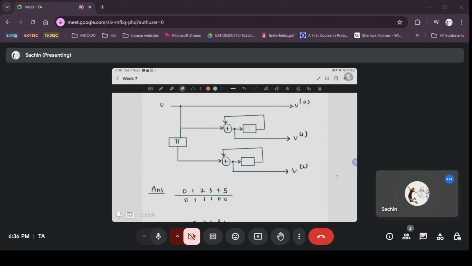If the state was 0 and your input was 0, then here you would have a 0 and here you would have a 0. So the total output of one of these convolutional encoders, that is this, would be 0, 0. Similarly, the input of this convolutional encoder is also 0, 0.